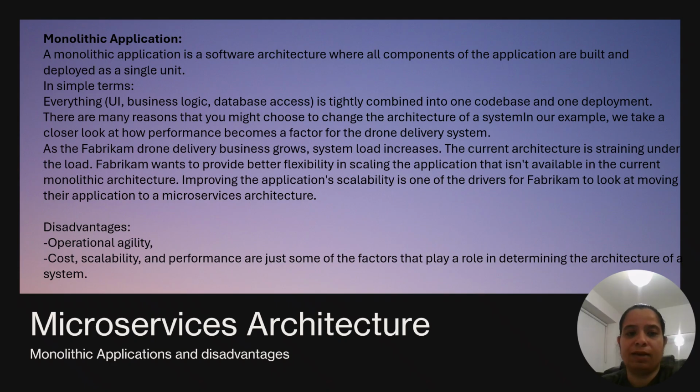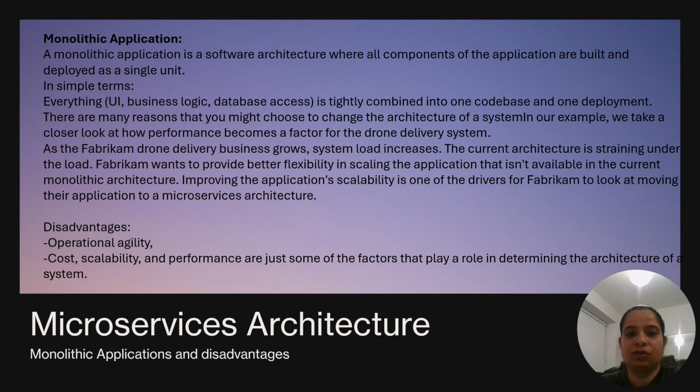What is a monolithic application? A monolithic application is one where the software architecture and all the components are built and deployed as a single unit, and it was used in the previous delivery systems.